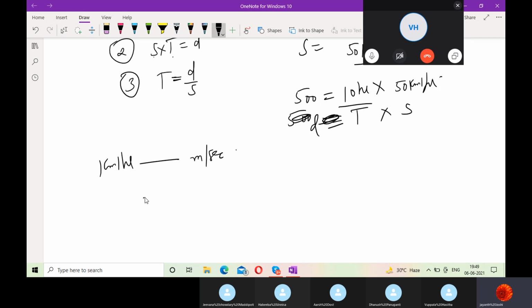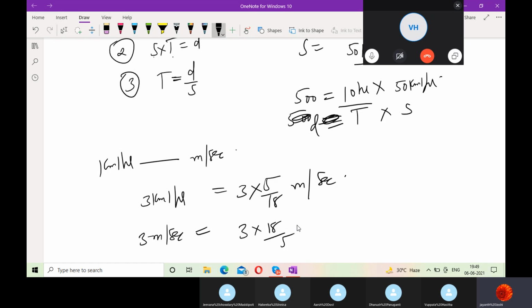If you want to convert 3 kilometer per hour into meter per second, the formula is 3 into 5 by 18 meter per second. And if you want to convert 3 meter per second into kilometer per hour, you'll do 3 into 18 by 5 kilometer per hour. Correct? All of you please make a note of this.